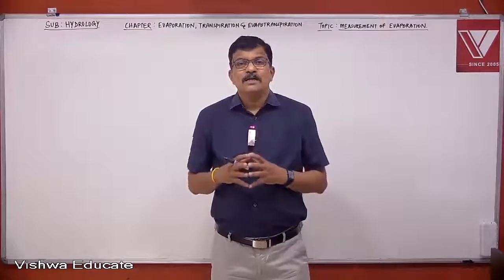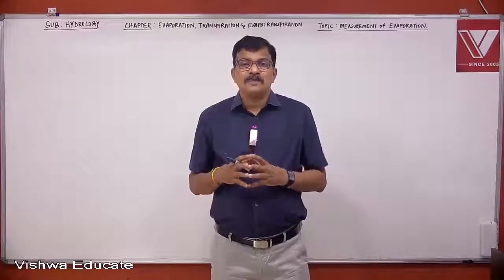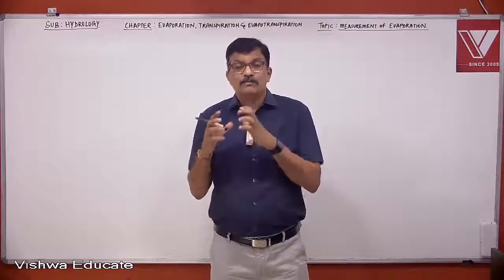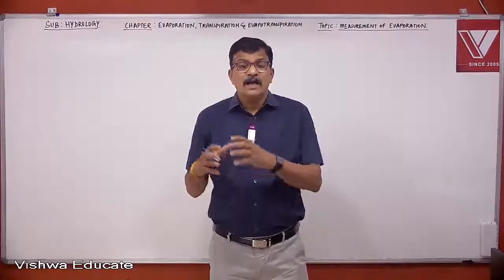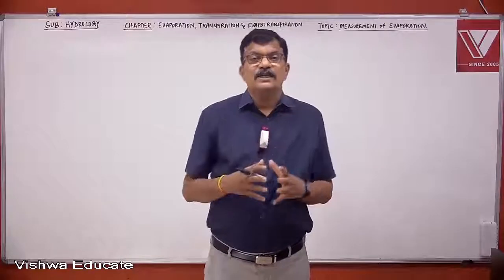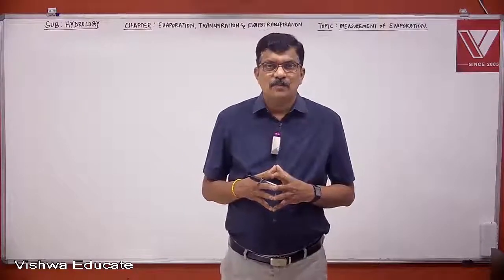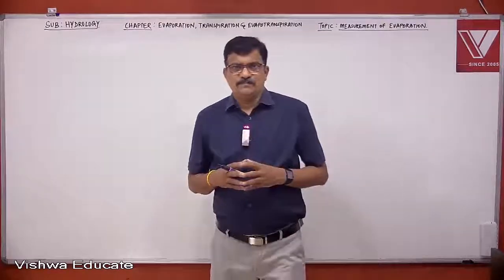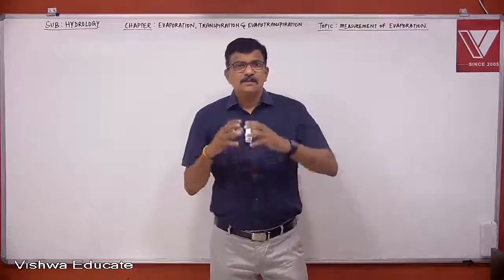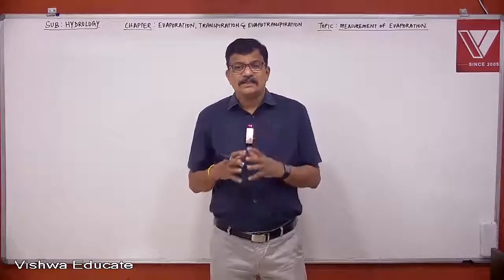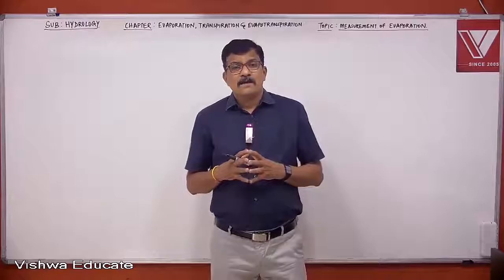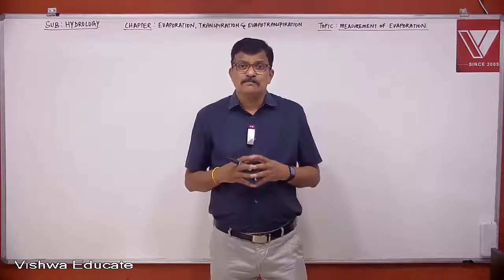That is how the measurement of evaporation is done by a pan, which is the modified class A pan for the Indian conditions. Sometimes what happens is, during the rainy season, even in the rainy season, the evaporation does not stop.